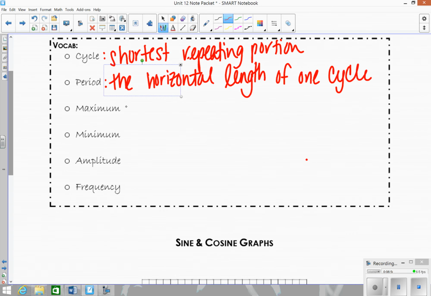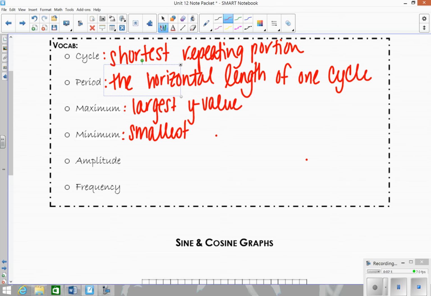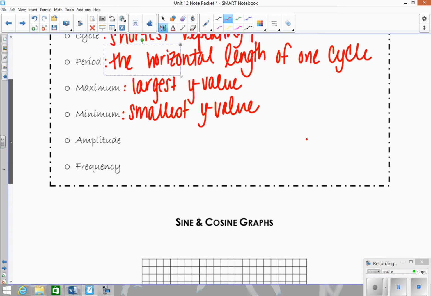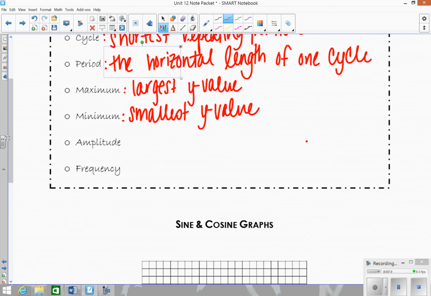And then when we talk about maximum and minimum, this is the same as always when we're talking about max or min. These are the highest and lowest y values. So the maximum is the largest y value, so the highest point. And the minimum is the smallest y value. And then the amplitude is the distance from the center to the maximum.